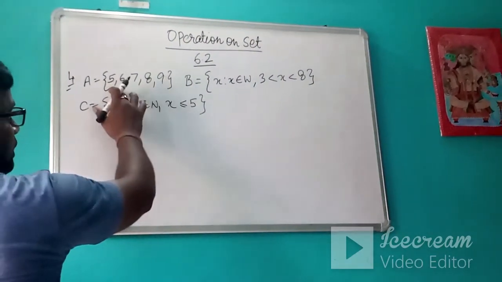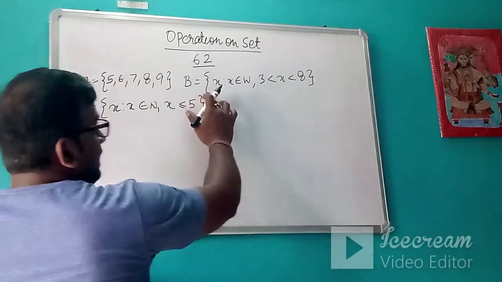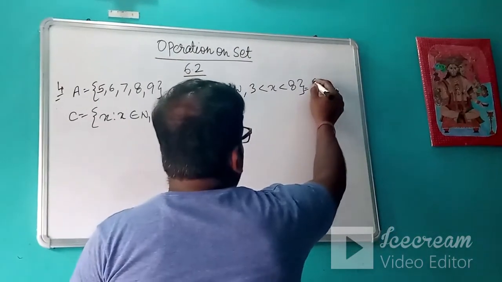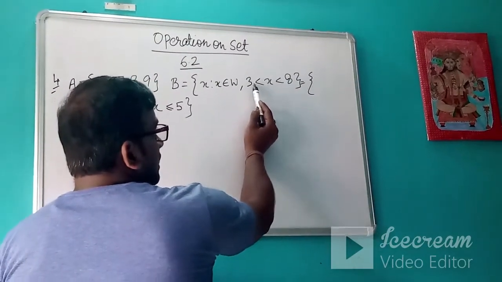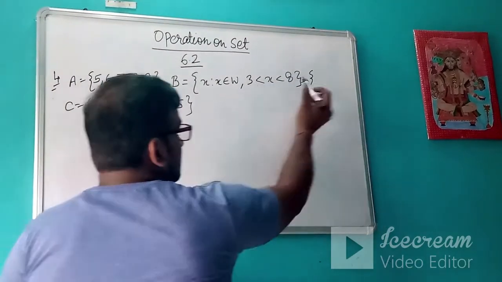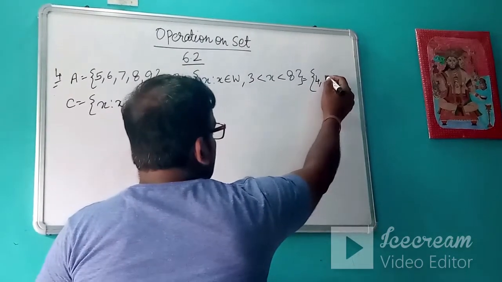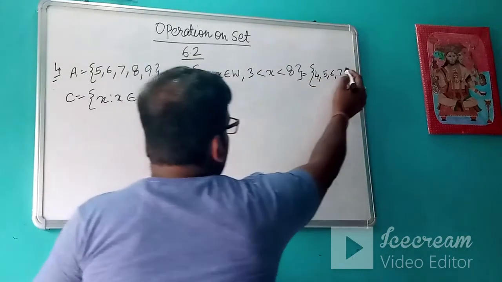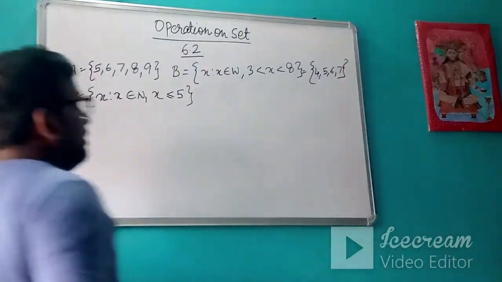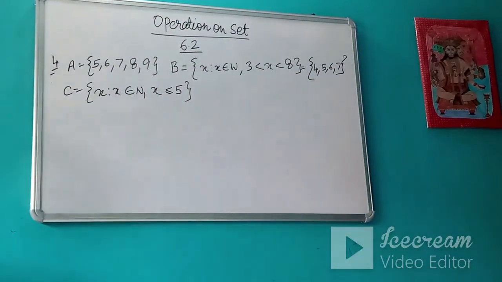A is already there in roster form. First we will write the elements of B. X is greater than 3, that means whole numbers greater than 3: 4, 5, 6, 7, and it should be less than 8. So this is your set B.